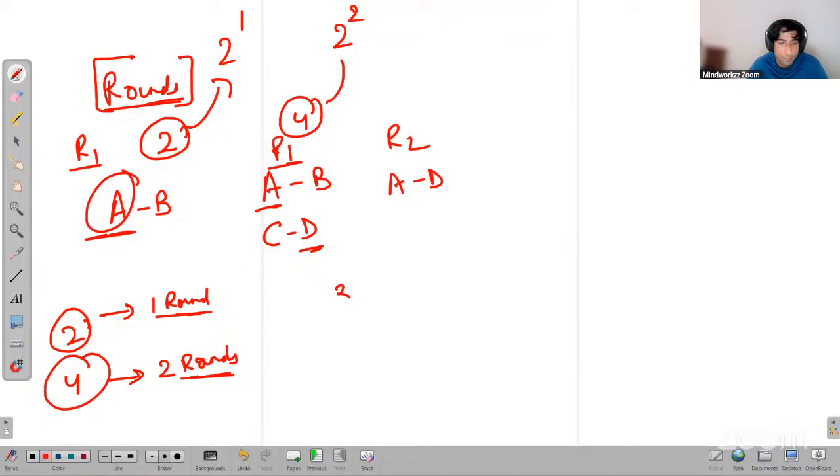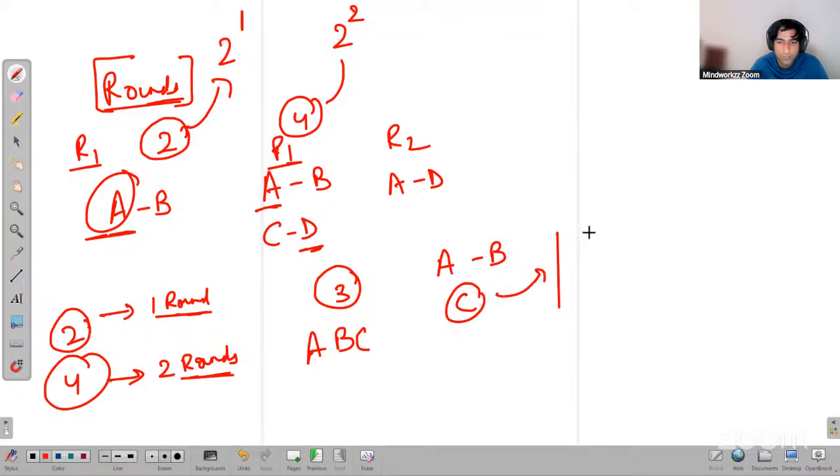What about three players? We just took an example: A, B, and C. A versus B. C gets a bye, moves to the next round. Let's say B wins here. B versus C. Let's say B wins the tournament. So B is the winner. How many rounds happened? One and two.